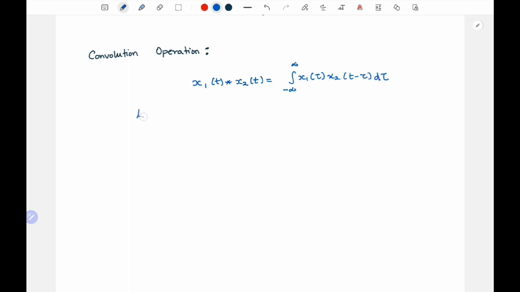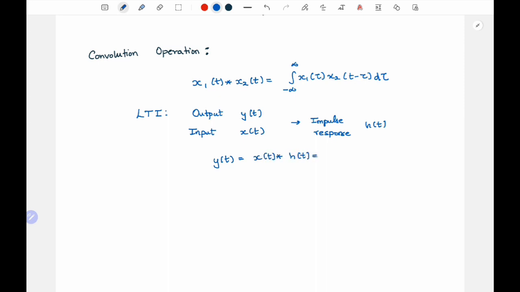And we saw, especially for the LTI systems, the output y of t and input x of t is related by the impulse response h of t as follows. So y of t is nothing but x of t convolved with h of t, which is nothing but integral x of tau h of t minus tau d tau.